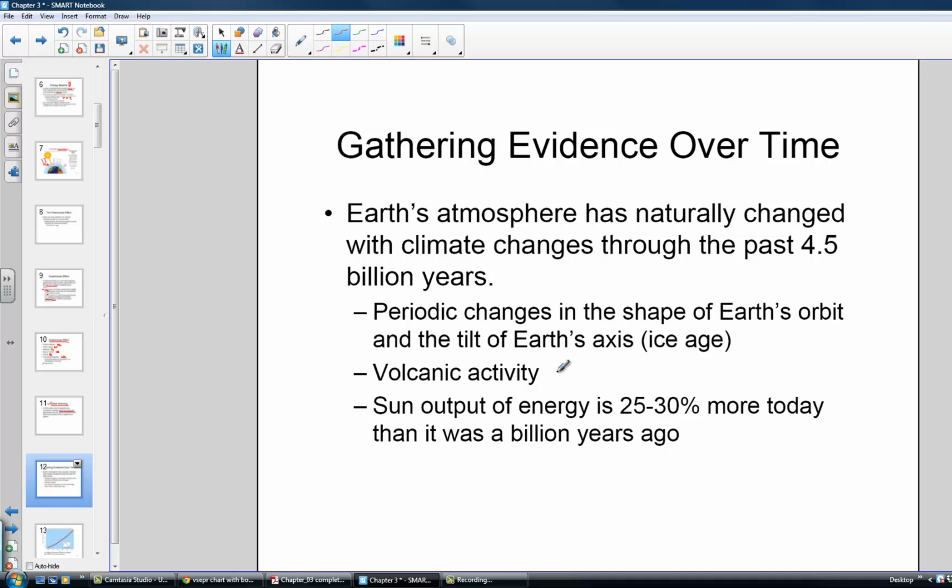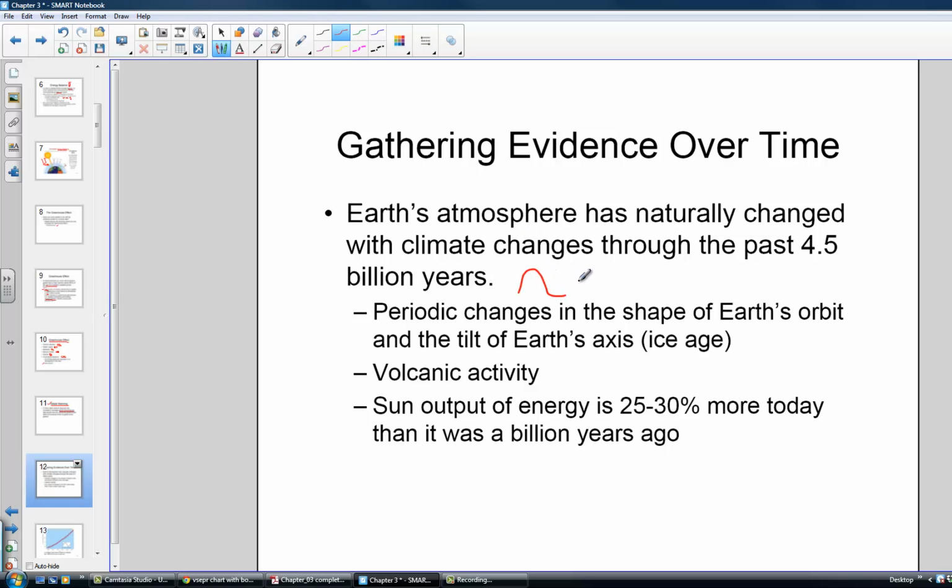We're gathering evidence, more and more evidence over time. The Earth's atmosphere has naturally changed with climate changes over the past 4.5 billion years. No one argues that there is a cyclic nature to the atmospheric composition and how much greenhouse gases have been present.